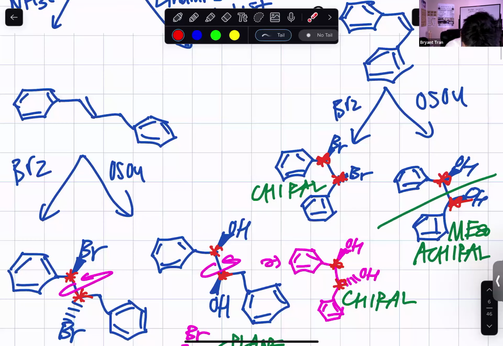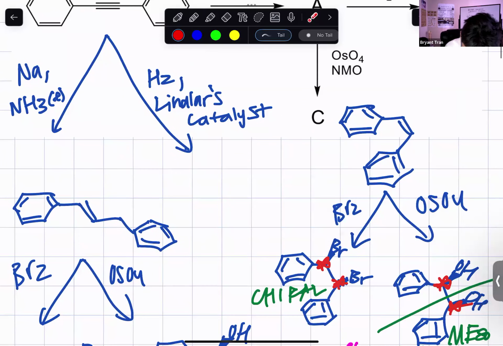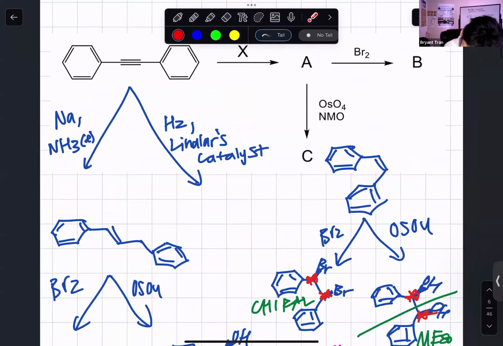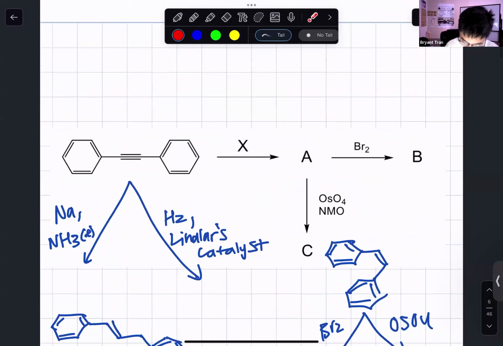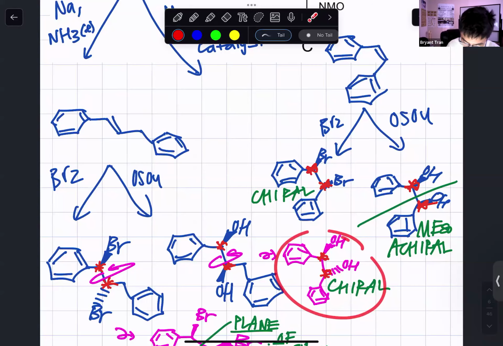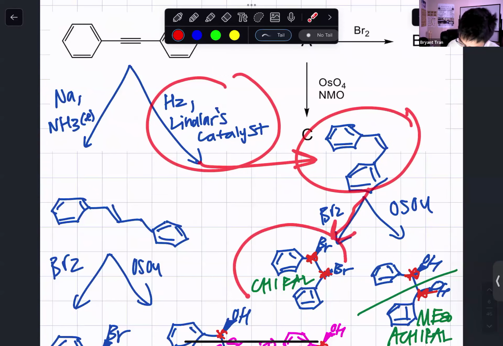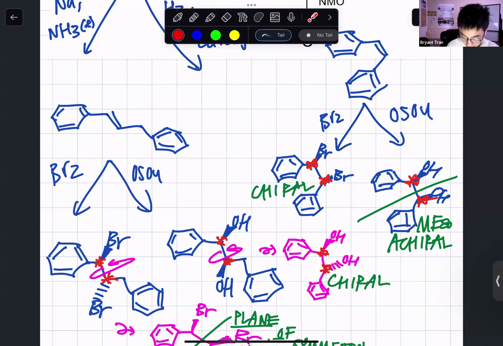Okay, I was looking at the wrong thing for the last problem. If we use the H2 Lindlar catalyst, that leads to this intermediate here, and then we react it with Br2, that would lead to this chiral molecule here. I was looking at the wrong chiral molecule. That's not the chiral molecule right there, but this is the chiral molecule that we're looking at, so that would still make sense.